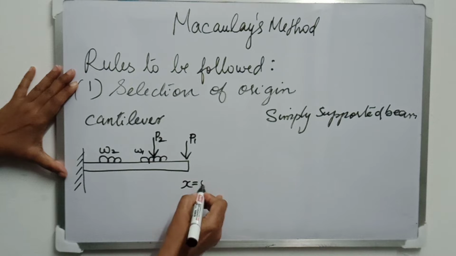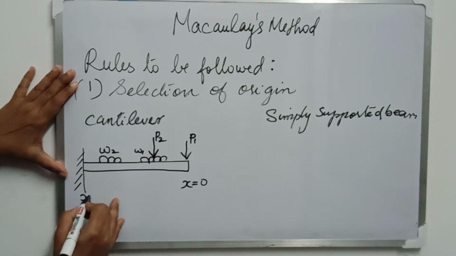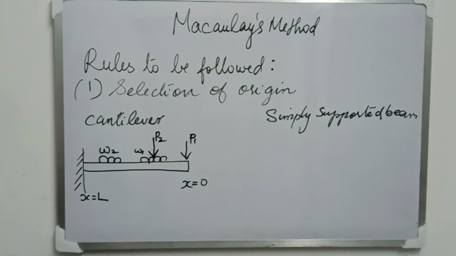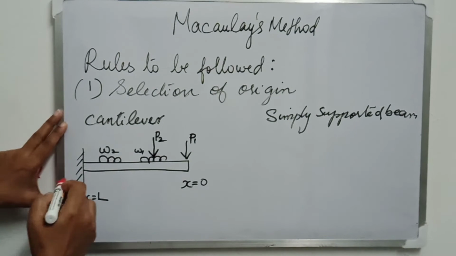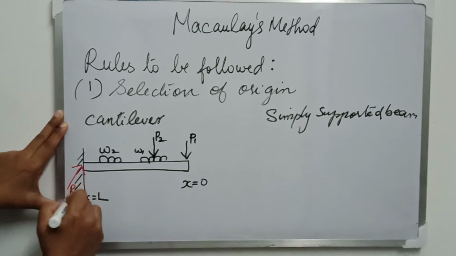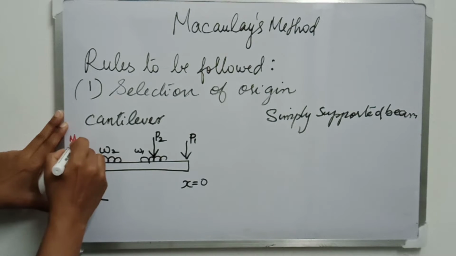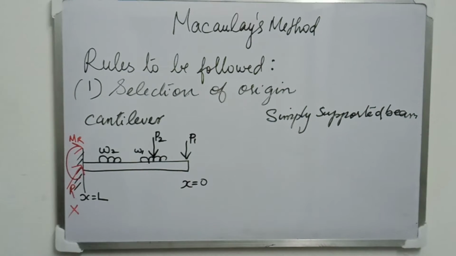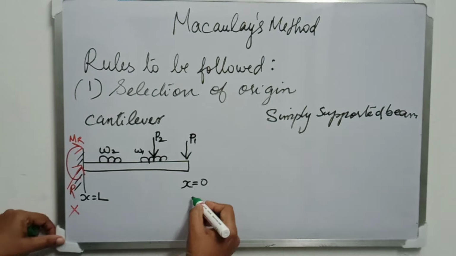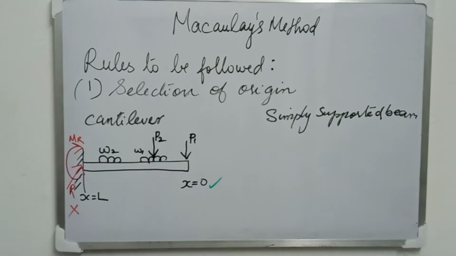Here I'm taking the free end as the origin because if we take the fixed end as the origin, we need to find out the reactions and resisting moment at that end, which is a difficult task. So for convenience, I'm taking free end of the cantilever beam as the origin.